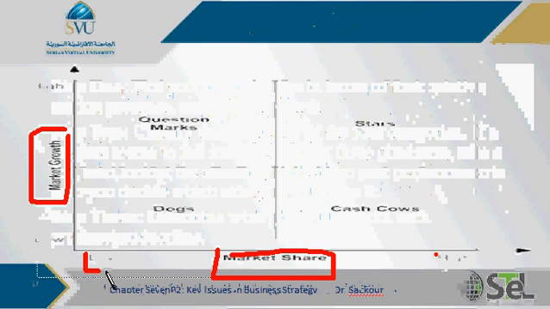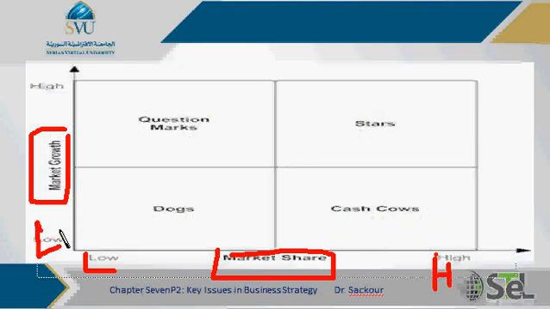low and high, and low and high. When this comes together we get the question mark area. When this comes together we get the stars area.